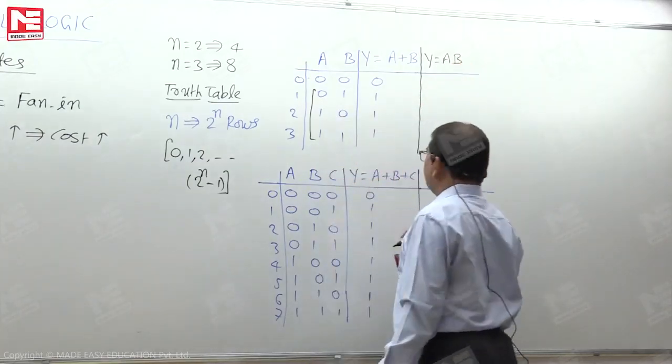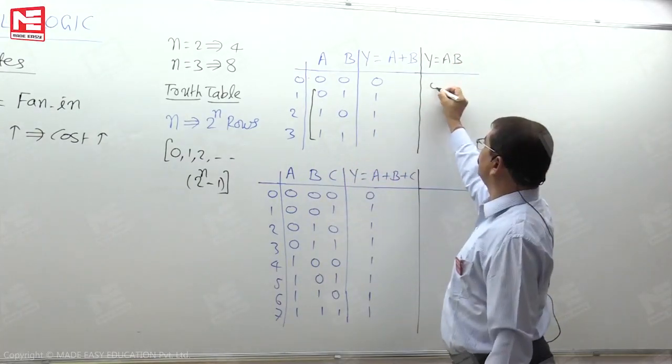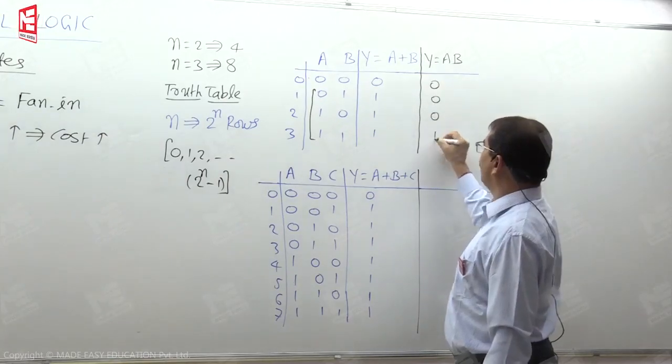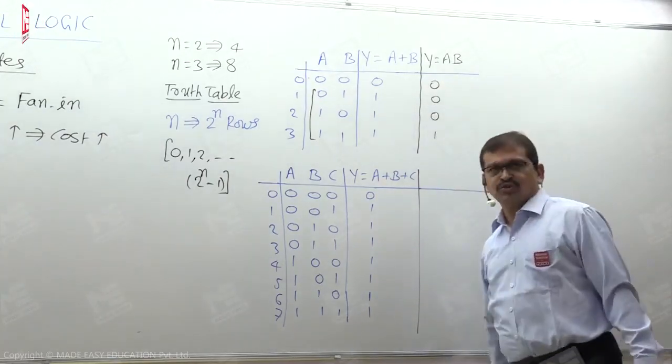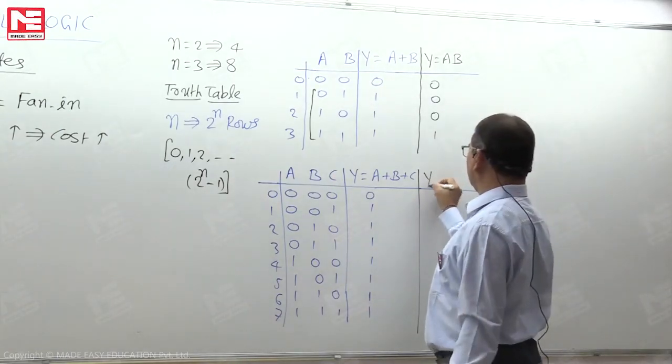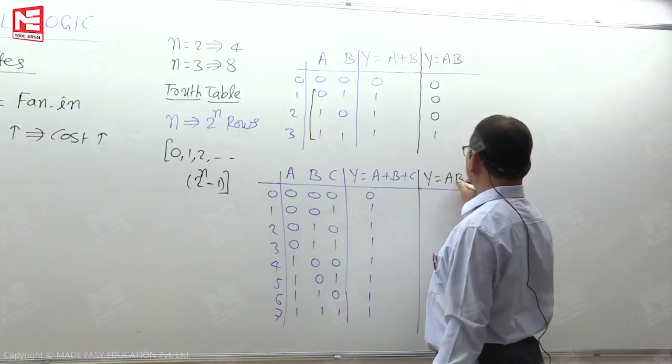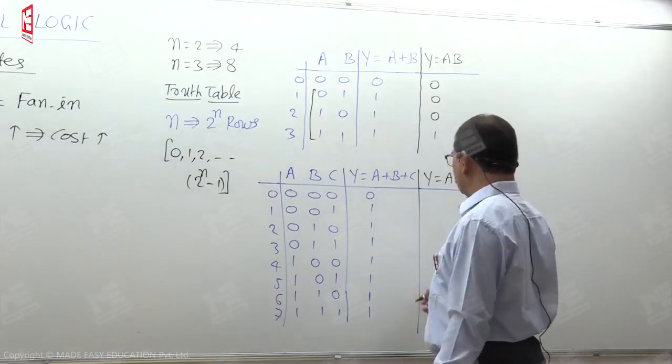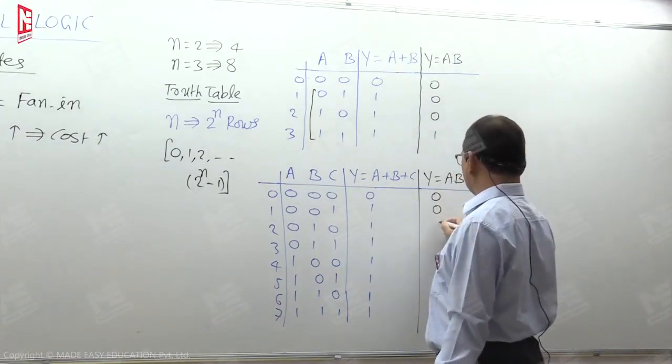On 2 variables, we have the result as 0, 0, 0, 1. So except for the last row, for the remaining rows, the result is 0. Similarly, in 3 variables also, the last row result is 1. For the remaining rows, the result is 0.